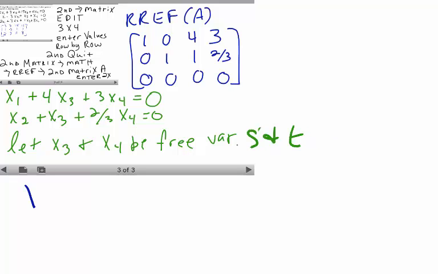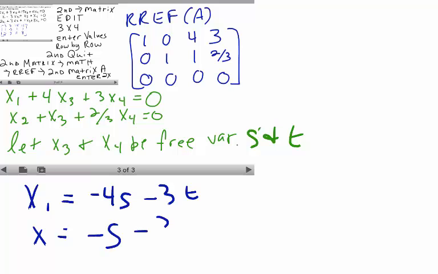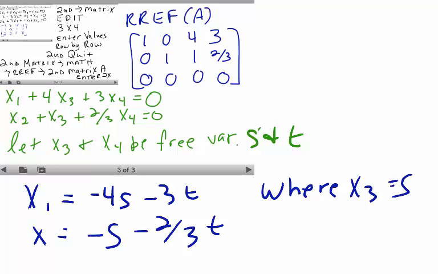So that for our new equations, we have x sub 1 equals negative 4s minus 3t, and x sub 2 is equal to negative s minus 2/3 t, where x sub 3 is equal to s, and x sub 4 is equal to t.